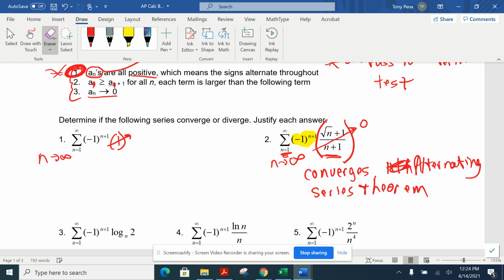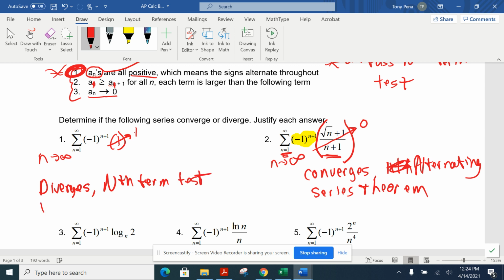So that diverges. You can write the word diverges. Yeah, so this should have a limit of 1. So we're going to say right away that this diverges by the alternating series theorem. And then since it doesn't pass the alternating series theorem, we just revert back to our old ideas, the nth term test.